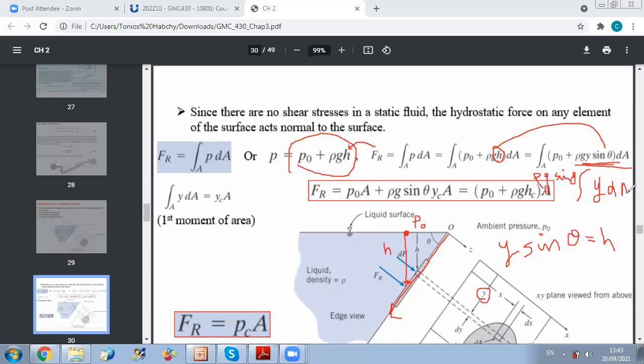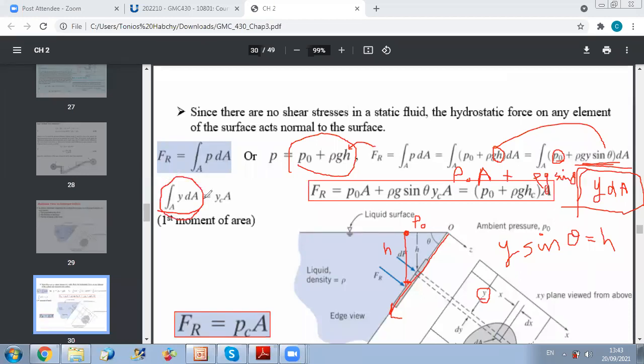Of course, plus the integral of P0 dA, and since P0 is a constant, it's plus P0 times A. Now, what is the integral of y dA? Remember, whenever you see this, it is related to the centroid of the area. This term is called the first moment of area.